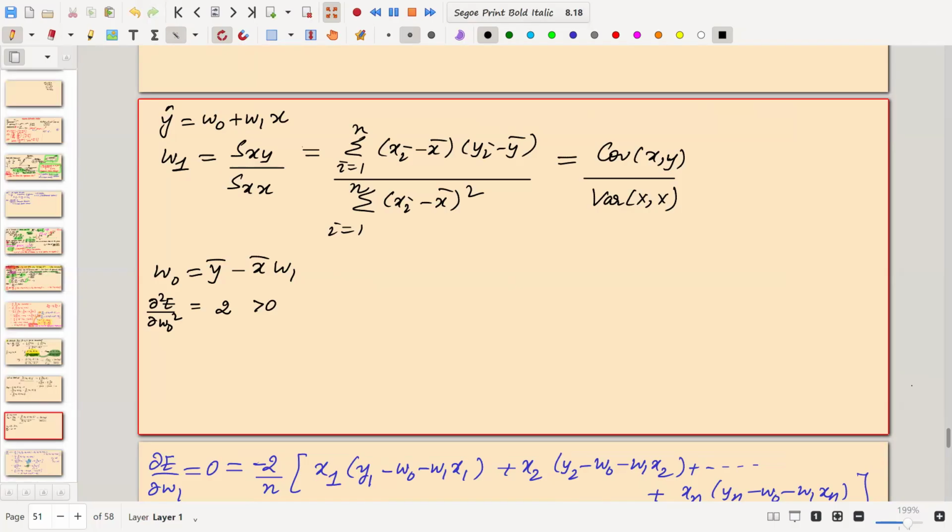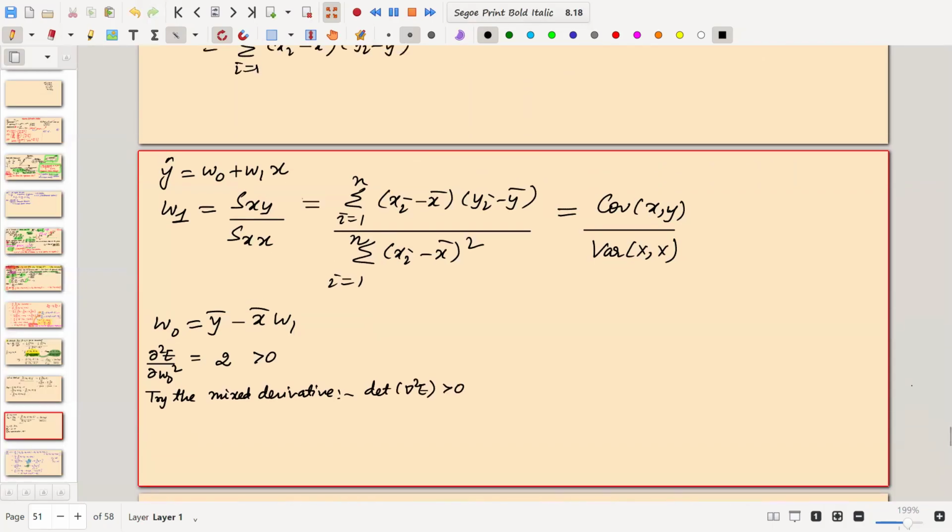Good. And we can now take the mixed derivative. Try the mixed derivative also. You do that at home, and I will check it next class. The mixed derivative, you understand. Determinant of the Hessian, check that. That also will become greater than 0. Okay.